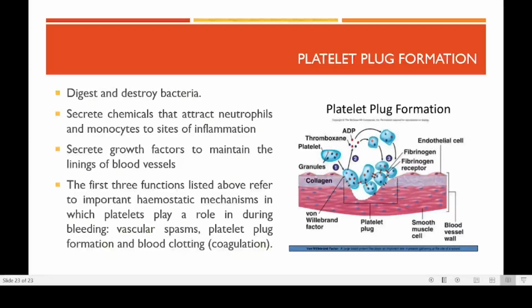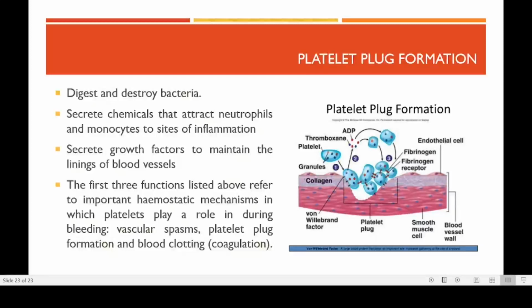Along with this WBC and fibrinogen, platelets will also be accumulating at the site of the wound. When thousands of platelets accumulate, they will be forming a plug or a cap. And this plug will be blocking the loss of blood from this wound.